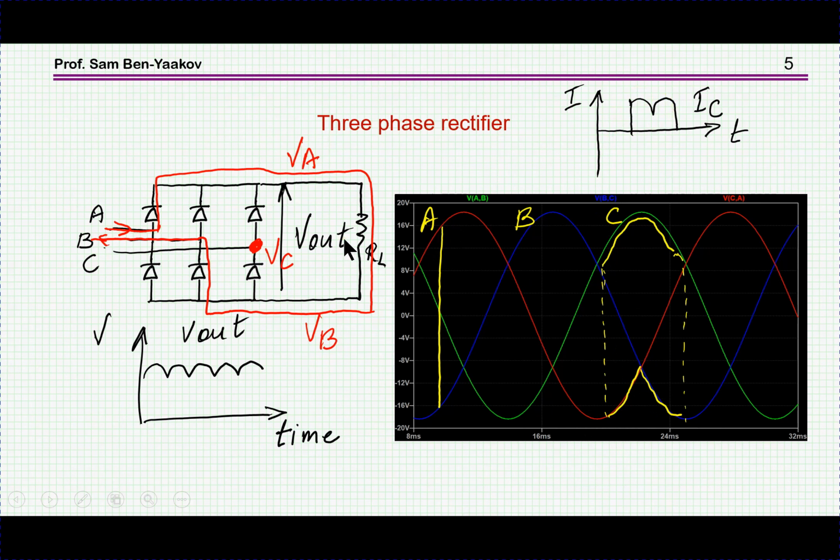I'm talking about a resistive load. And then we'll see a current of this shape. This is half a cycle, then in the negative half cycle it's the same thing, only negative. So this is a diode three-phase bridge rectifying a three-phase source.